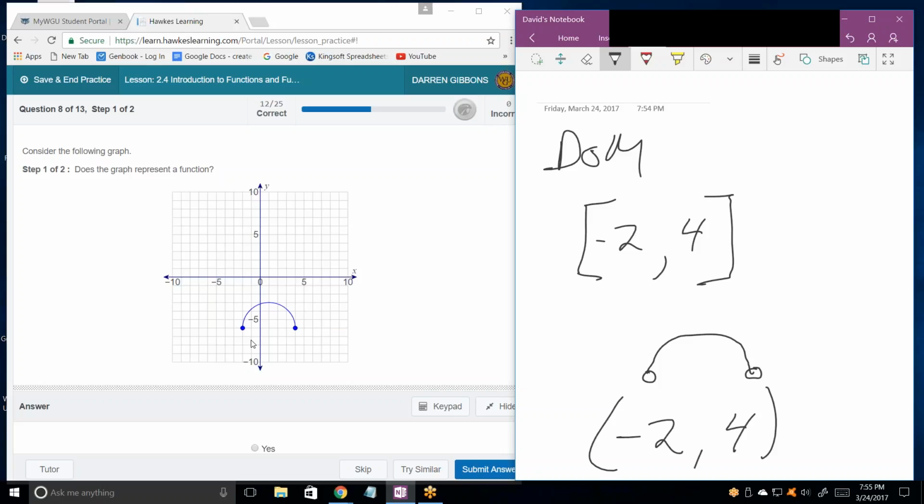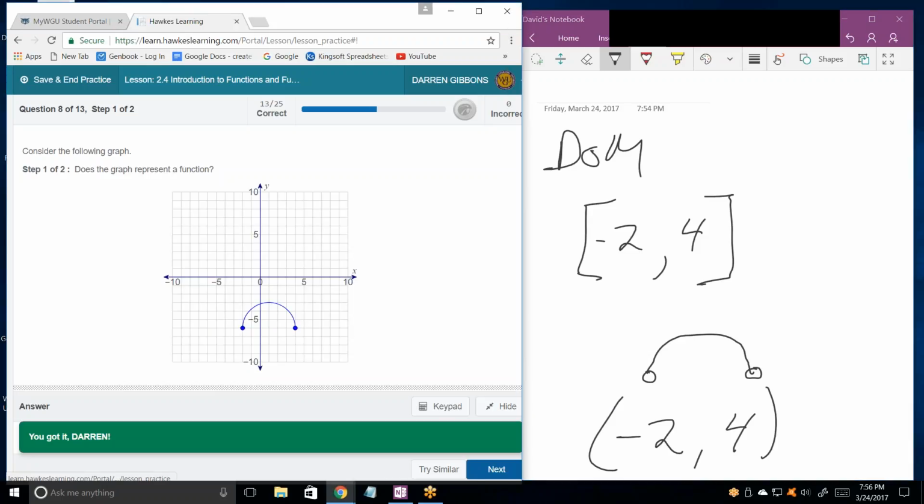It would have to be between -2 and 4, but it couldn't be those specific numbers. And that would show up as an open dot, not a closed dot. In this case, the answer is yes, and I'll bet they're going to ask us the domain next.